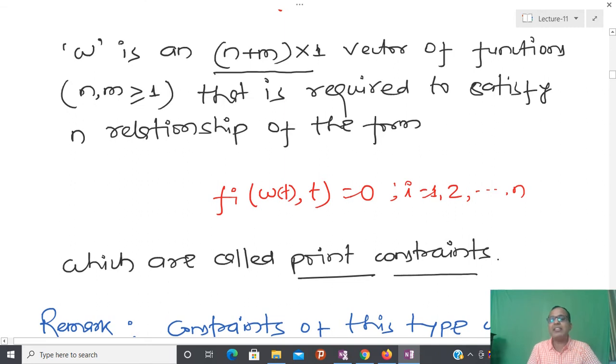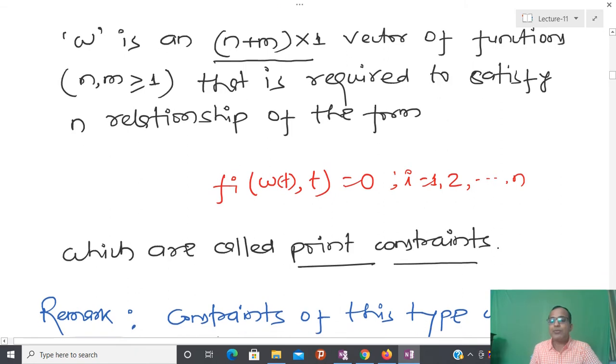Whenever we define this constraint, only the functions are present, but their derivatives are not. If you solve this algebraic equation, you are able to get some kind of point. Due to that reason this particular constraint is termed a point constraint.